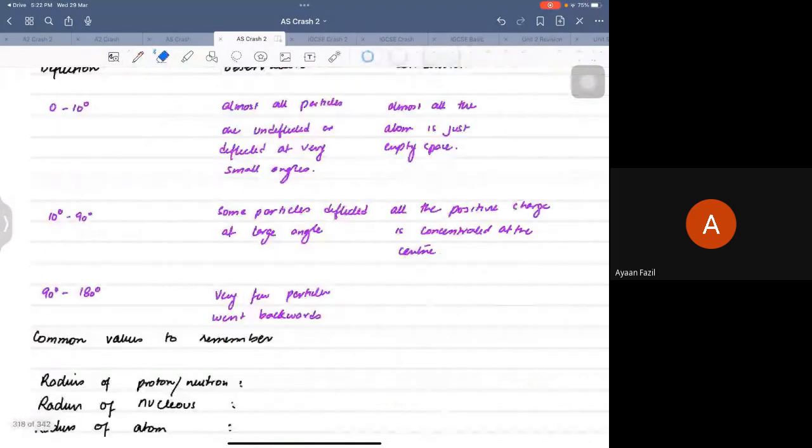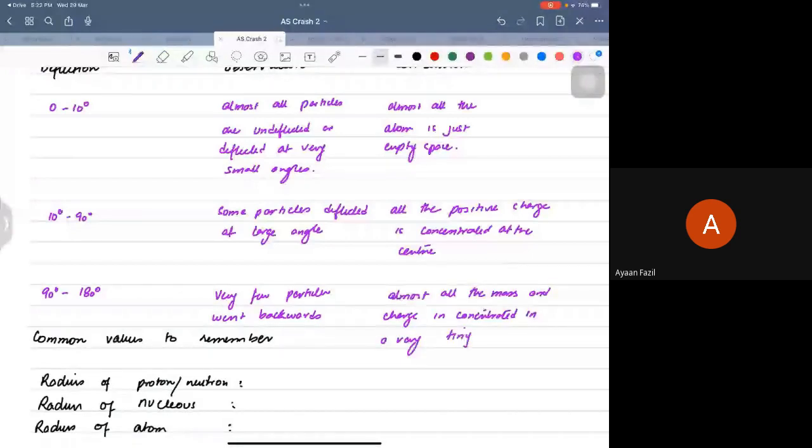Now, why is it that very few particles went back? The reason is that almost all the mass is concentrated in a very tiny nucleus.